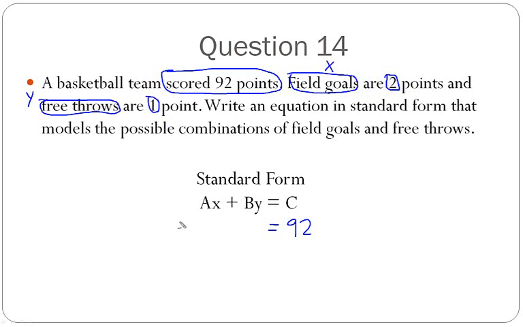So we get 2 points per each field goal plus 1 point per each free throw. Since we just have one Y, we can rewrite this and leave it as just Y. So we can say 2x plus 1y is the same as just saying y. So 2x plus y equals 92. So this is how we could write our equation in standard form.